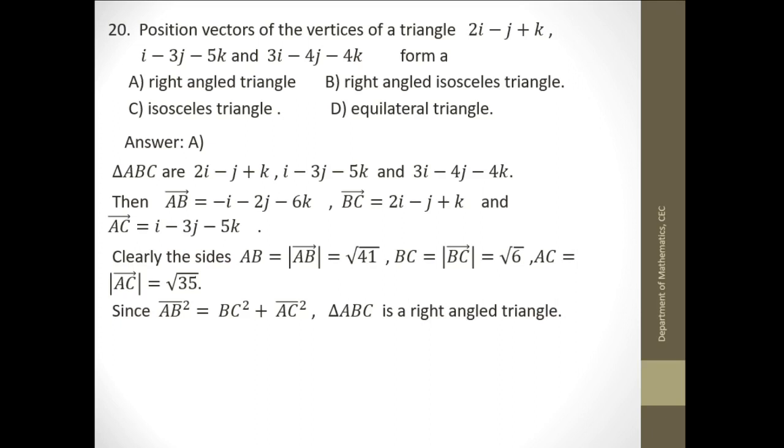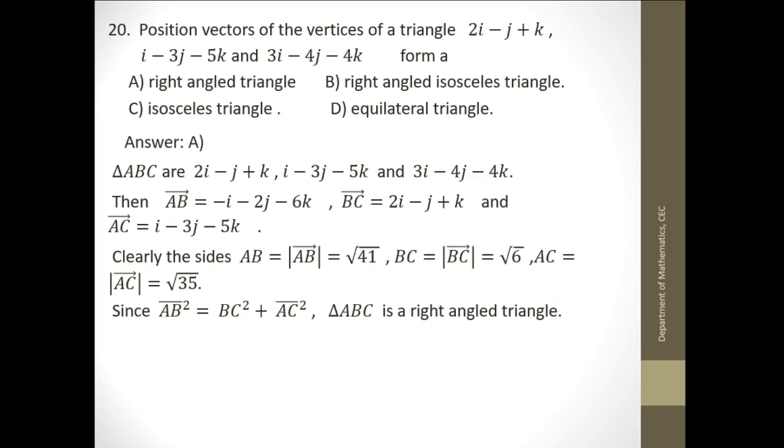And similarly vector BC, vector AC. After finding vector AB, BC, AC, find the length, that is magnitude. AB is nothing but magnitude of vector AB, square root of 1 square plus 2 square plus 6 square, 36 plus 4, 40 plus 1, 41. Similarly, magnitude of vector BC, that is length of BC, is root 6, length of AC is root 35.